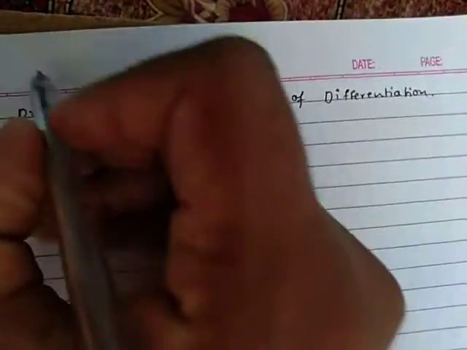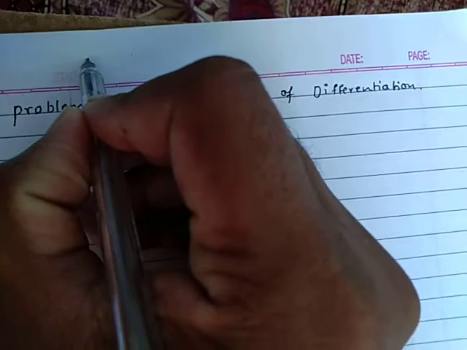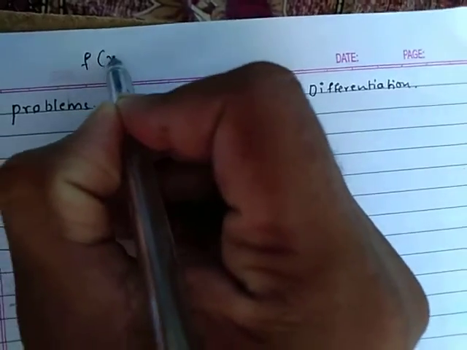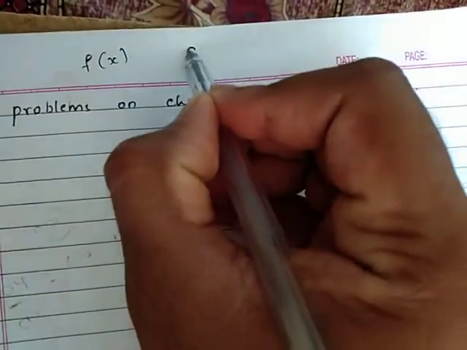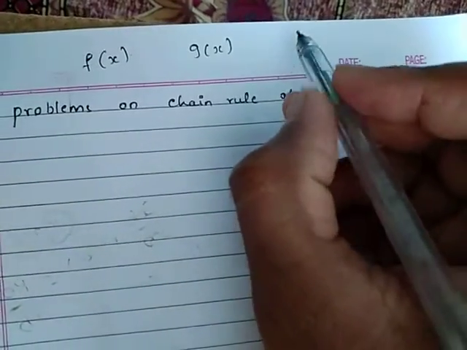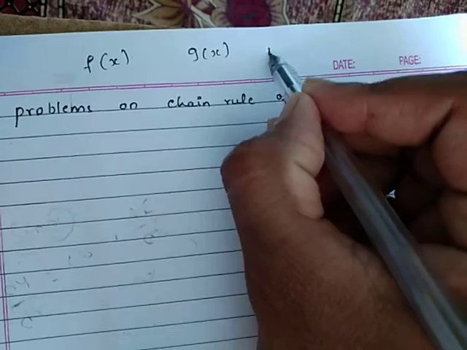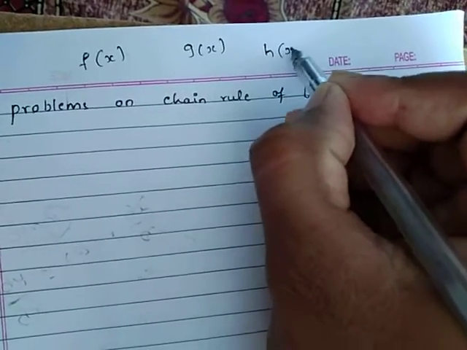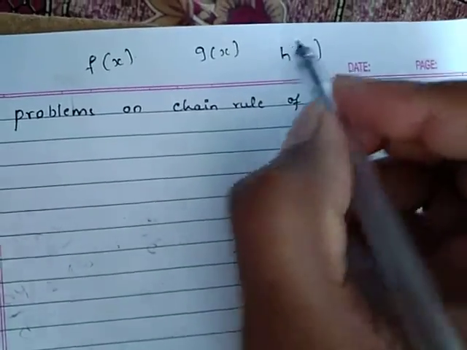Suppose we have a function f of x, and we have another function g of x. Suppose we have another function h of x. Observe here.